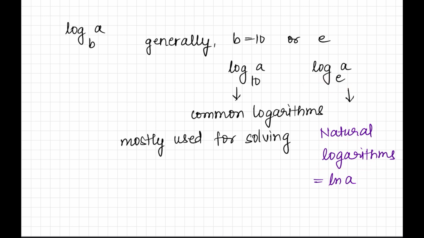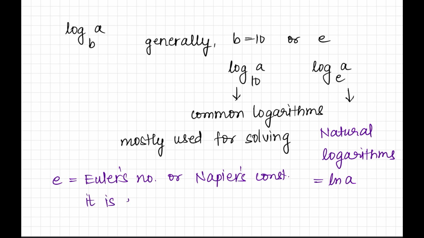Now what is e here? So e is called as Euler's number or Napier's constant, and it is an irrational number, and its value is approximately equal to 2.71 and so on.